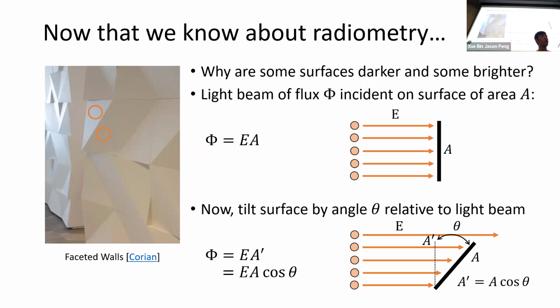And the amount that the energy decreases is determined by some cosine relationship between the angle of the surface and the direction that the light is traveling. Okay, any questions about this example before we go into the math?